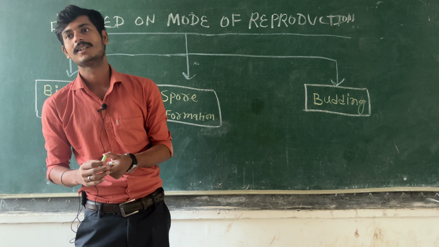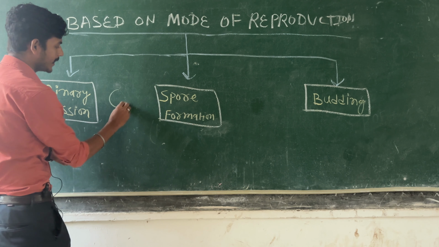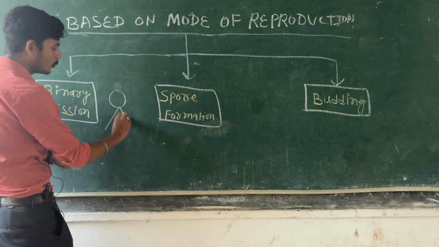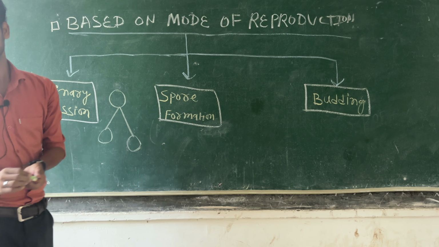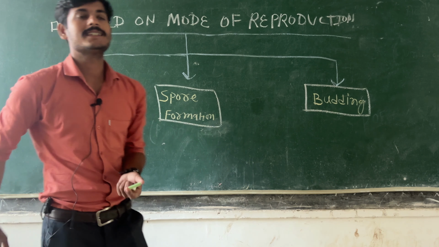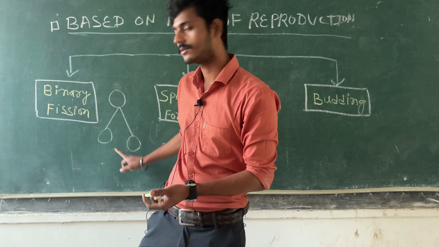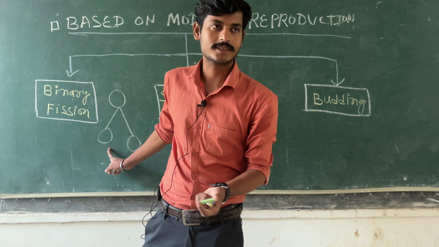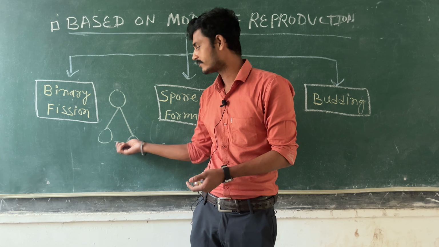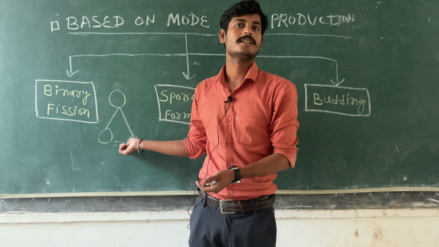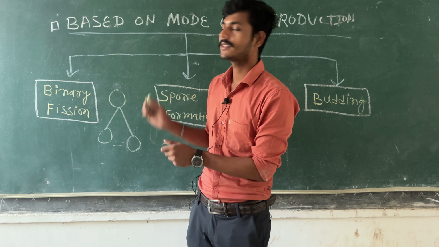From one bacterium, two bacteria are produced which are the same. The daughter cells are similar, so they are called a clone.